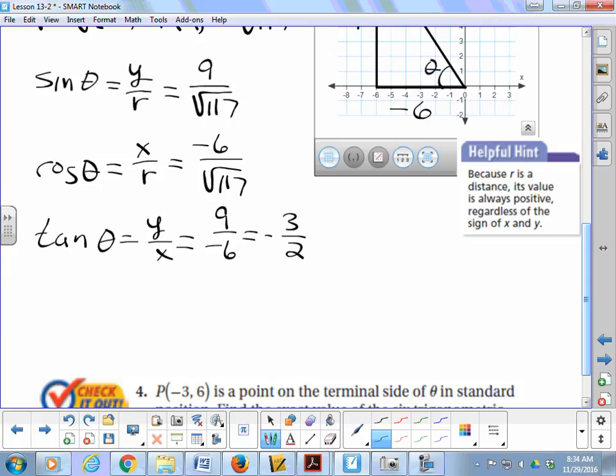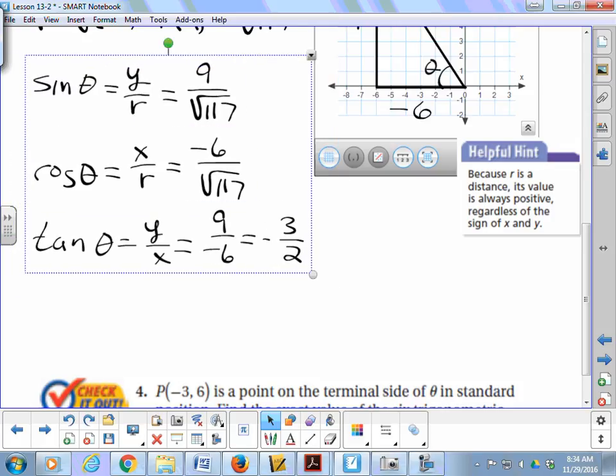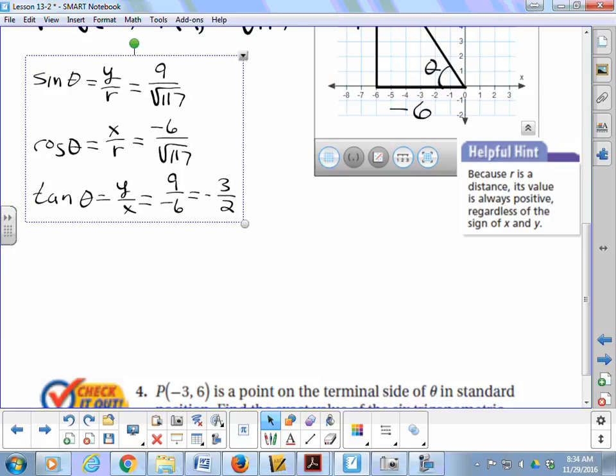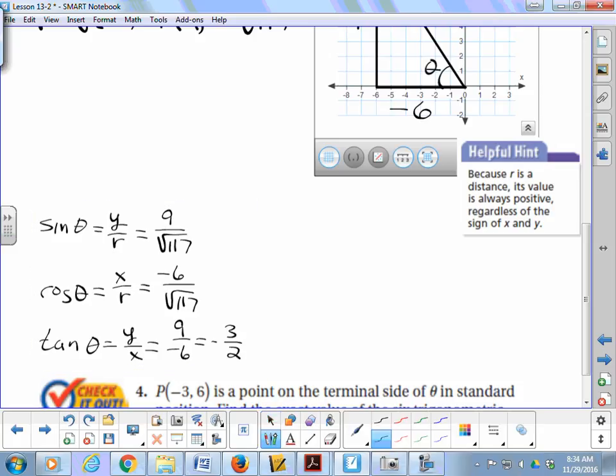All right, and then we need the other 3. Well, let's see, for the other 3, cosecant is the reciprocal of sine, so that's going to be the square root of 117 over 9.